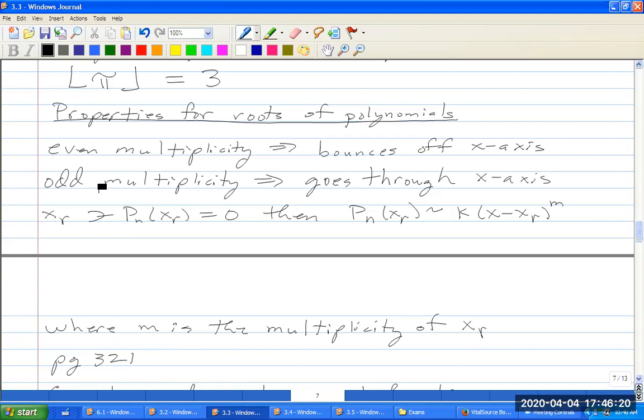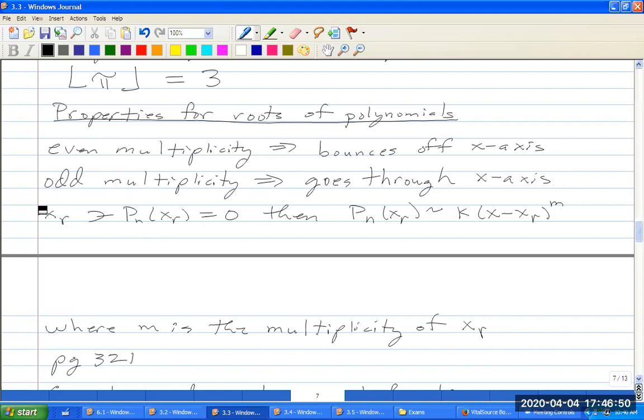And we'll do that asymptotic behavior also. Okay, so even multiplicity, the function bounces off the x-axis at that root. If the root has odd multiplicity, then it goes straight through the x-axis at this root.